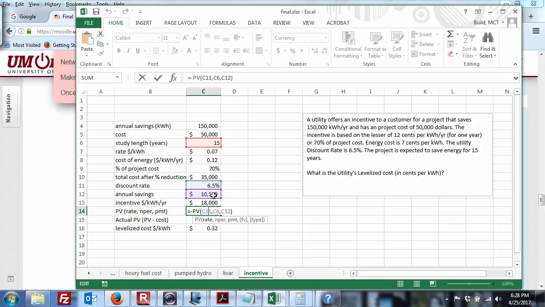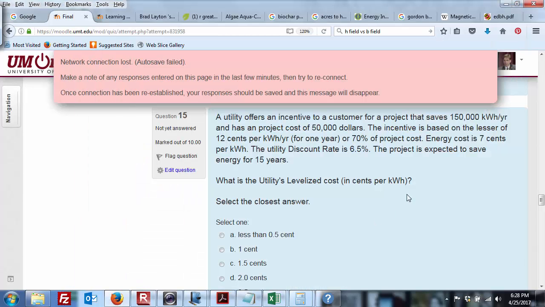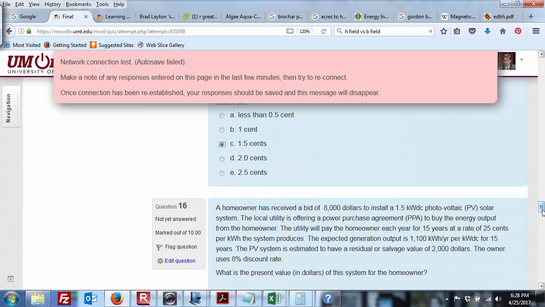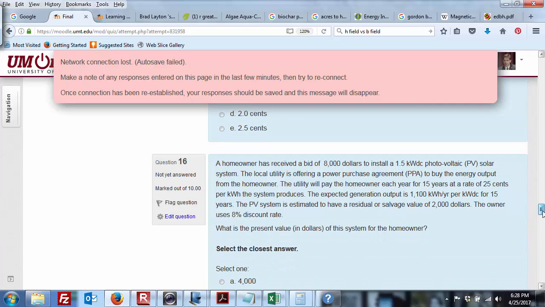If you're saving $10,000 a year for 15 years at a discount rate of 6.5, and I got down into the weeds a little bit. We'll finish that one off. Next, that's probably, I'm just going to take a shot at it. Aim in the middle. Actually, it was coming up with, I think I just had an error somewhere.